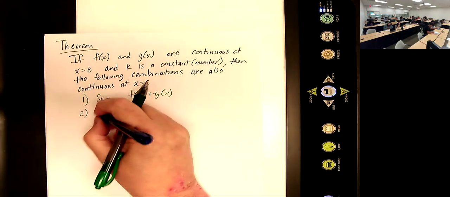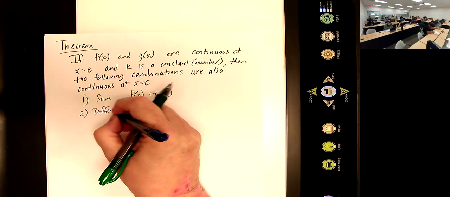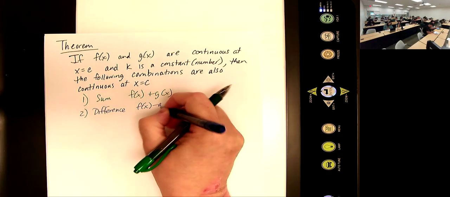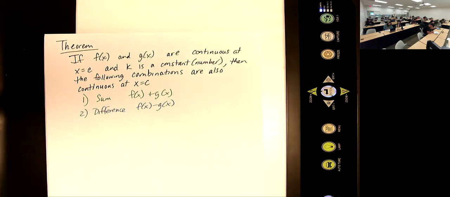Difference: f of x minus g of x. Usually if something's true for addition, it's true for subtraction, almost universally, because subtraction is just addition of the opposite. So it's still just adding.